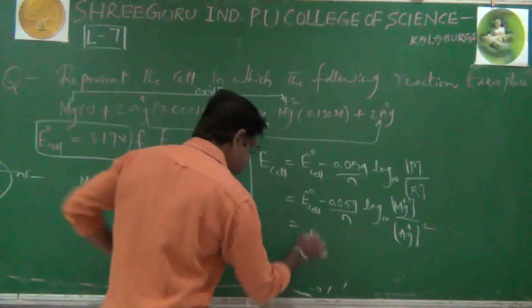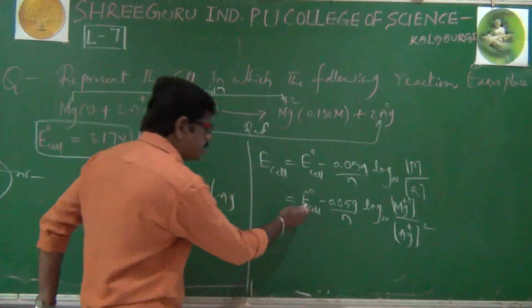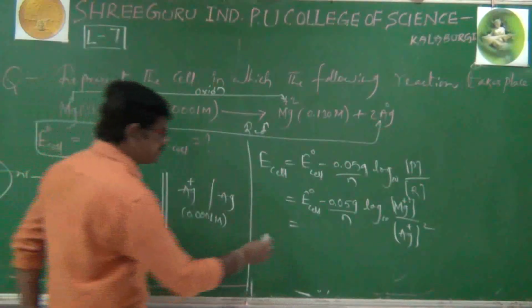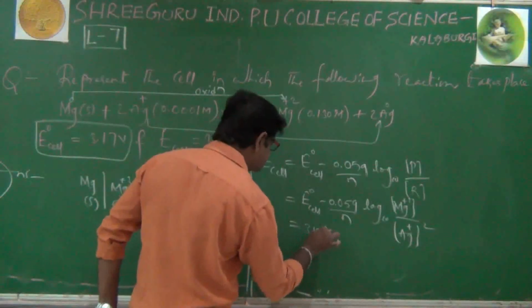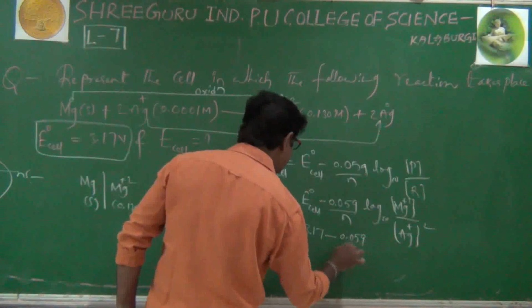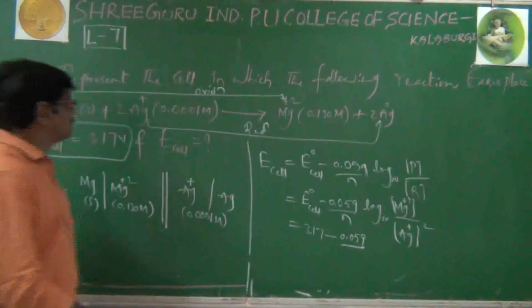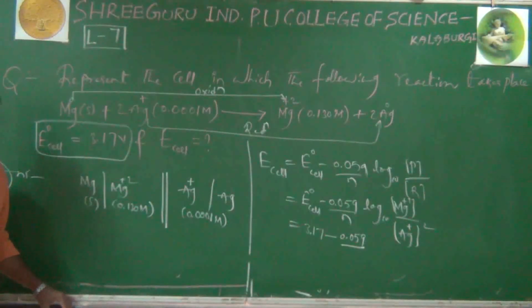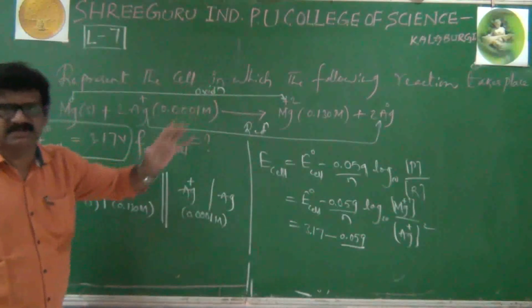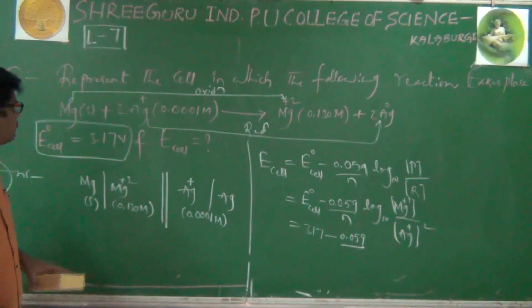Okay, that is equal to: E naught cell value is already given in the question, that is 3.17 minus 0.059 divided by n. Here you have to calculate how many electrons are involved in the process. Very simple.